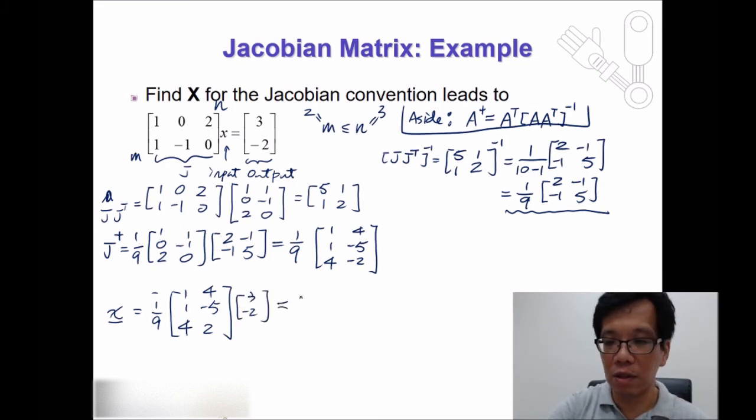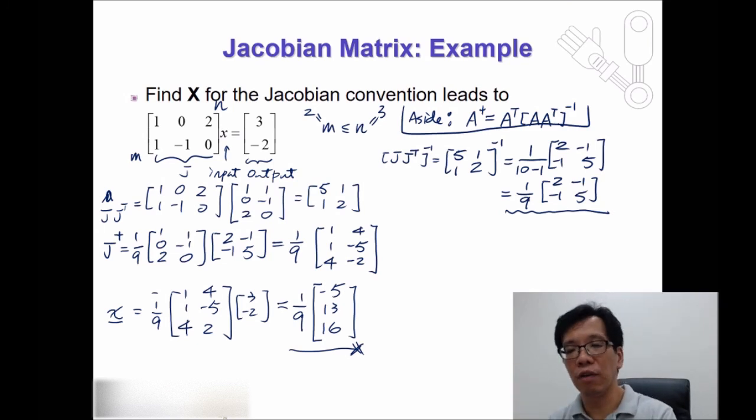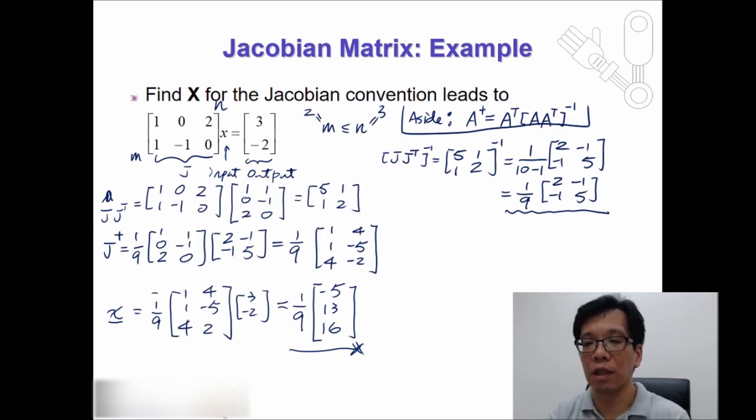If we do this, it's going to be 1 over 9, negative 5, 13, and 16 over here. So when you do the inverse Jacobian, we can find the input parameters, the components in this specific vector. And that is how we use inverse Jacobian to solve this kind of problem.